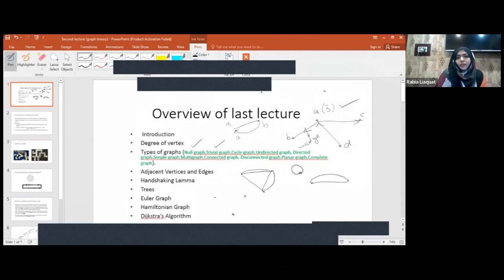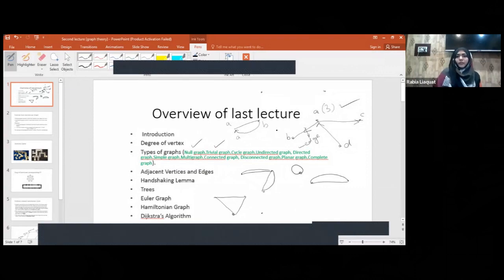For example, this is a connected graph, and if we remove this one edge, it is now a disconnected graph because there are two graphs. So, disconnected graph, then planar graph.